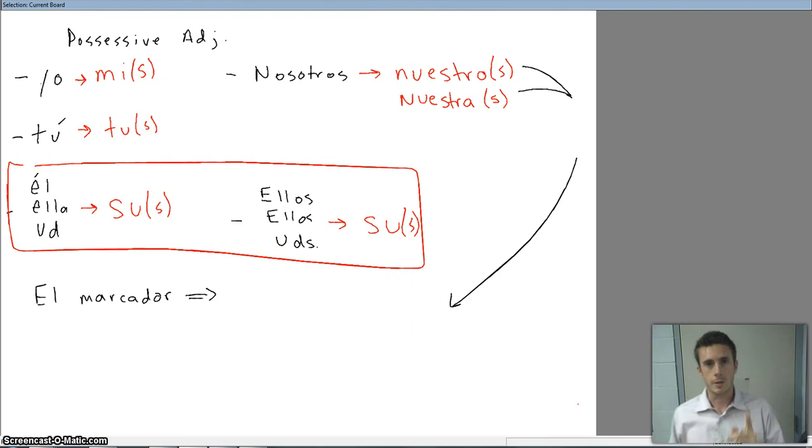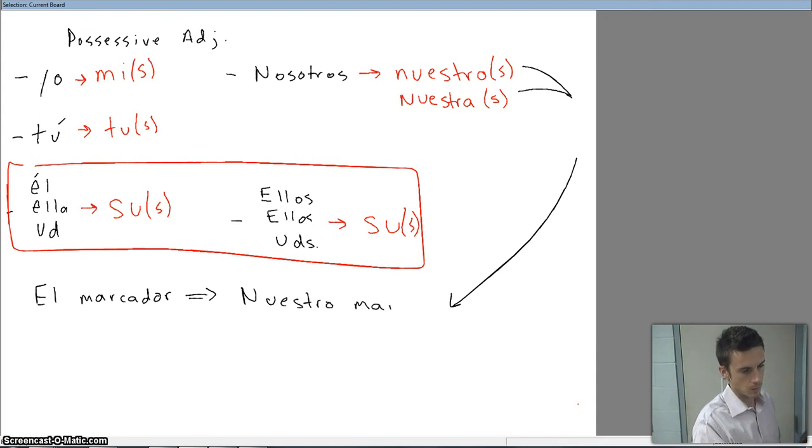We all own that marker. We're describing it by showing its ownership. Do you think I'm going to use nuestro marcador or nuestra marcador? Doesn't matter that there are girls out there. This thing right here is masculine. So it's going to be nuestro marcador.